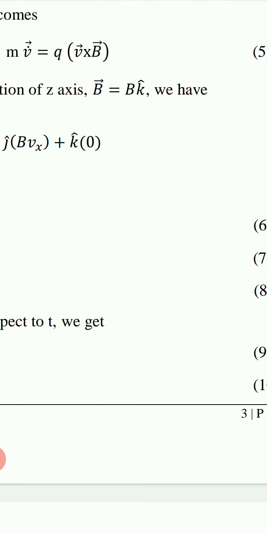This is equation 5, which is the equation of motion. Now we write three equations for this single equation, for its three components. For the x component, on the left hand side we write m vx dot. For the y component we write m vy dot, and for the z component we write m vz dot.